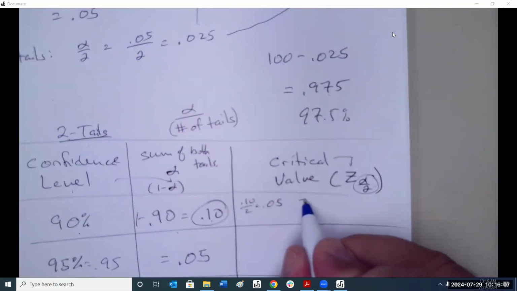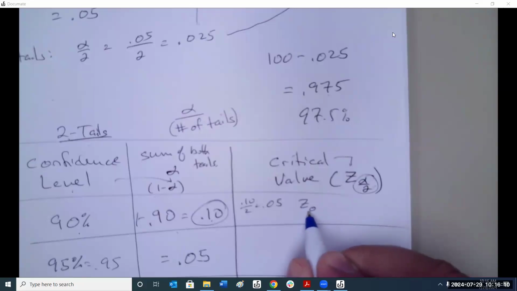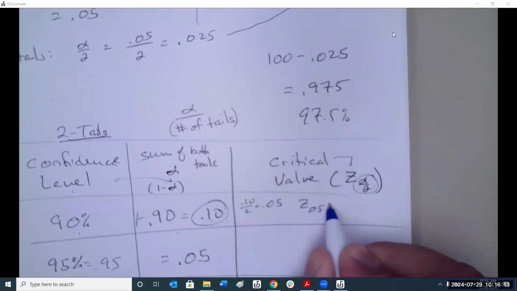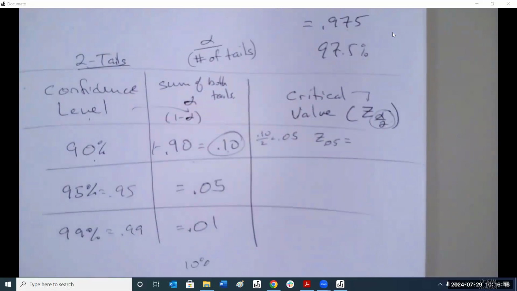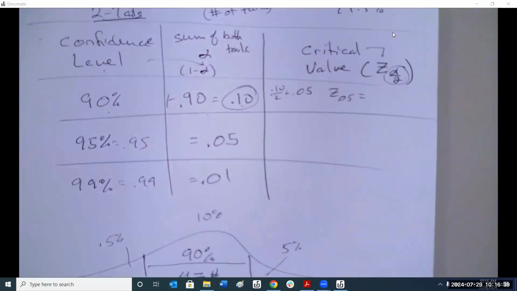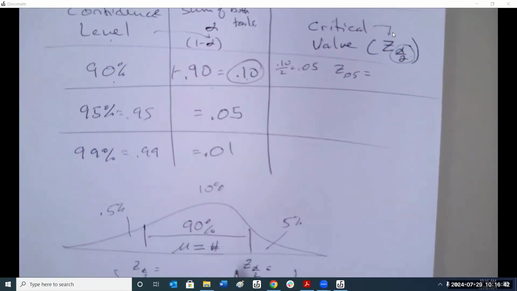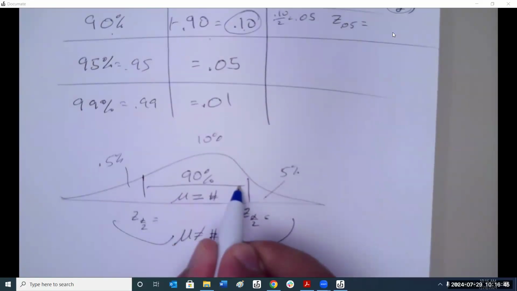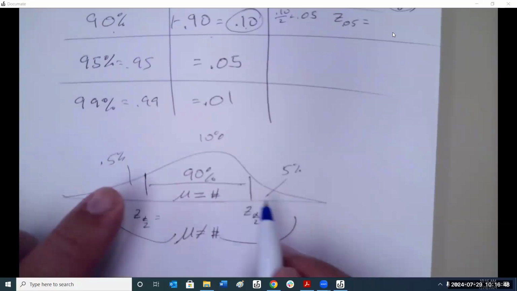So now we have to look for the Z of 0.05. And where do we find that? In the chart. Since this is 90%, this is 5%.